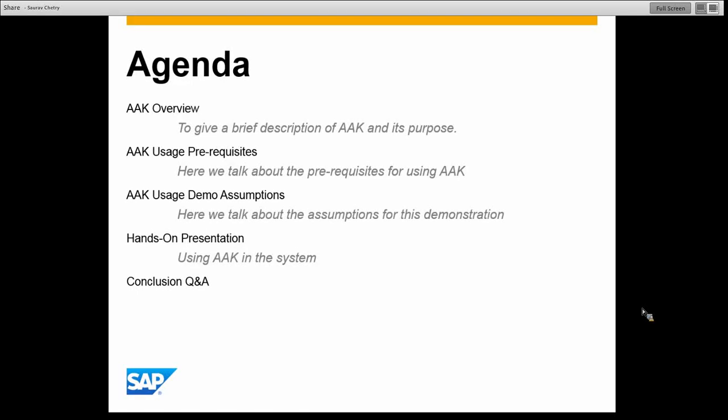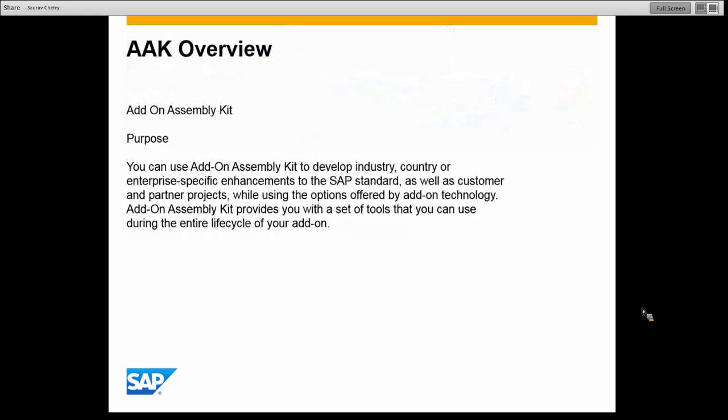So, the first topic today is an overview of AAK. AAK stands for Add-on Assembly Kit. It is a set of tools that is provided by SAP for you to develop your solution, which is complementary to SAP standard.